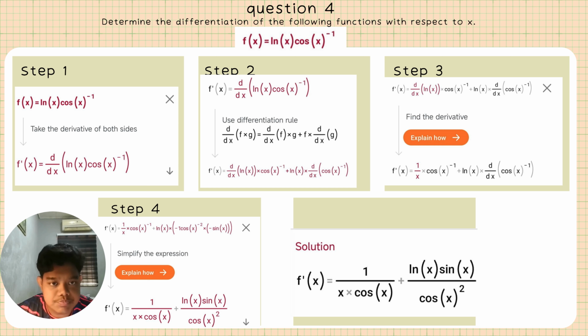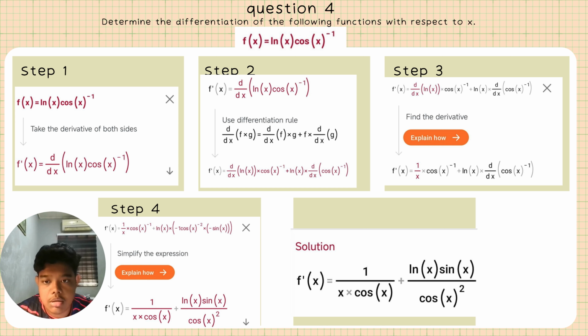So in step 3 we define the derivative. So you will get f prime x equal to 1 per x and multiple by cos x power of negative 1 plus ln x multiple by d per dx, bracket of cos x power of negative 1. Next, step 4. So we will simplify the expression.